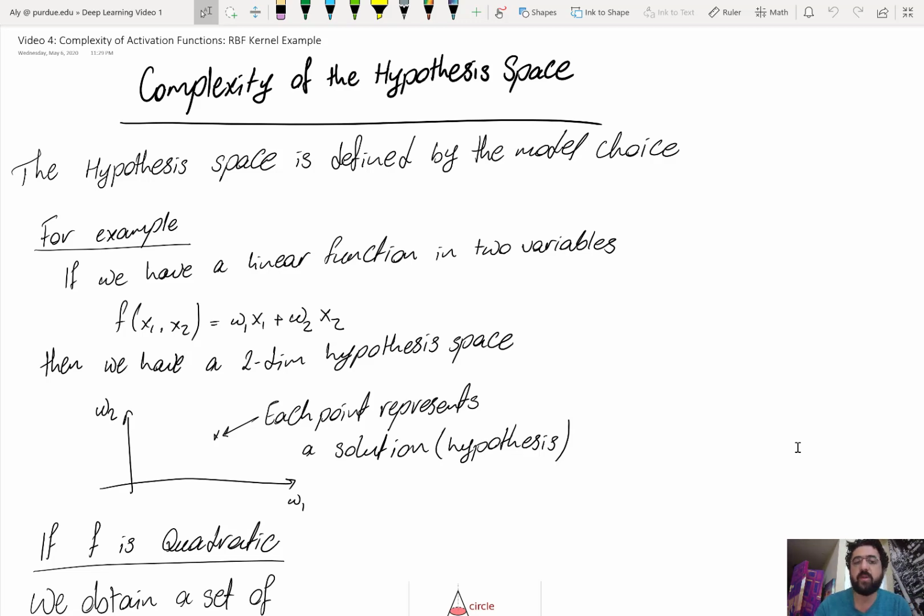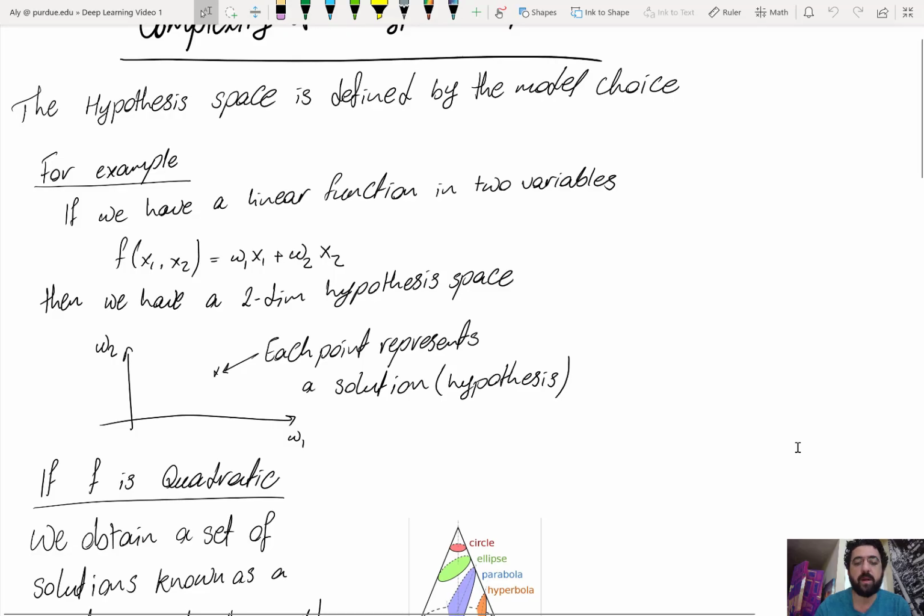So in this video, we will use some linear algebraic notation. So if we have a linear function in two variables, let's say x1 and x2, then this function can be represented as f equals w1 x1 plus w2 x2, right? So the function has two parameters, w1 and w2.